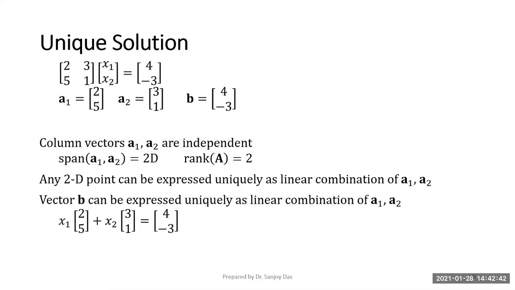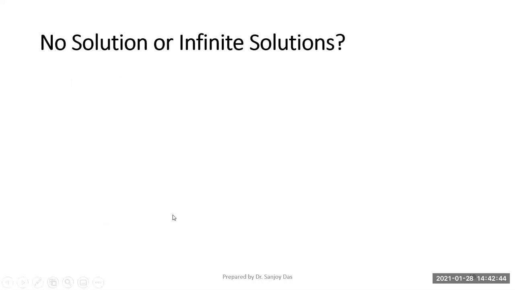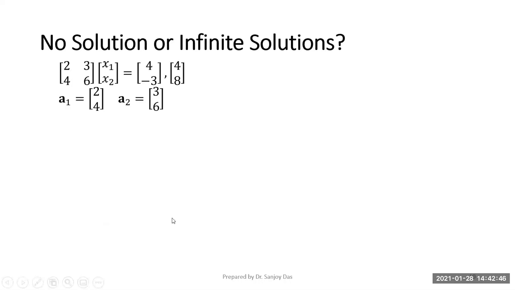Now, what about the other case? Are there two cases actually? In both the other cases, no solution and infinite solution cases, we use the same matrix A, 2, 3, 4, 6. Here, A1 is 2, 4, and A2 is 3, 6. Are they independent of one another, A1 and A2?